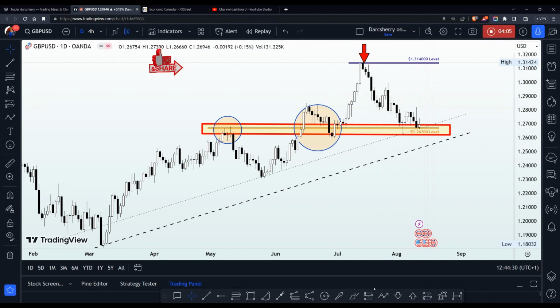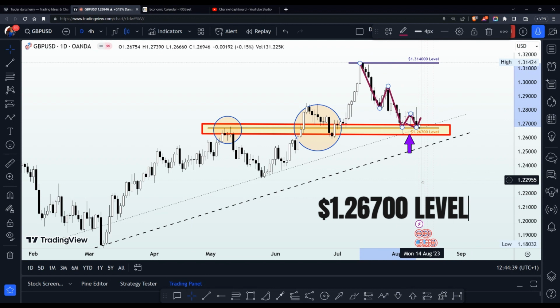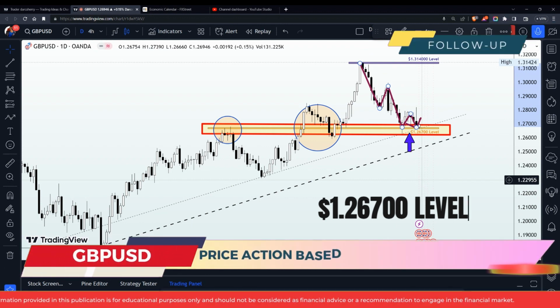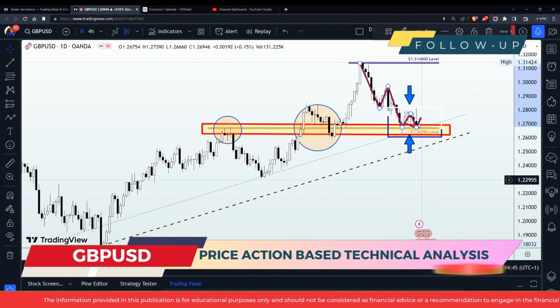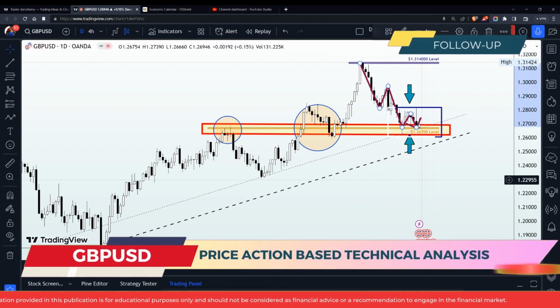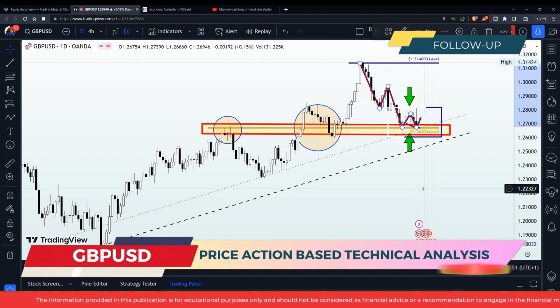And since then, we have seen price action drop back into that key level in the last couple of weeks. And since the price dropped into that area, we have noticed a level of uncertainty in this market, hereby making things a little bit complicated within this area.